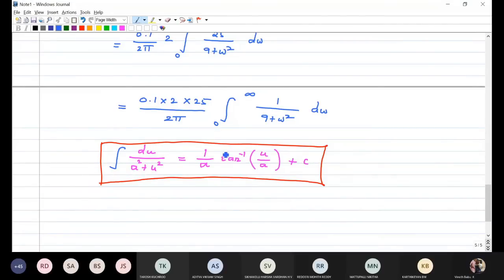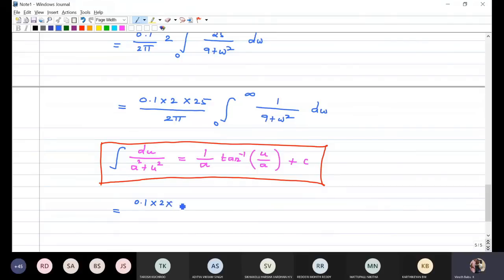So you just assume a is 3. So a square is 9. This is with respect to u. Here we are writing with respect to omega. So let us try to simplify this. If you want, you can simplify this and keep it as a single term.